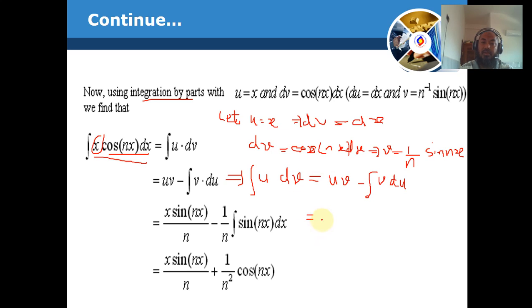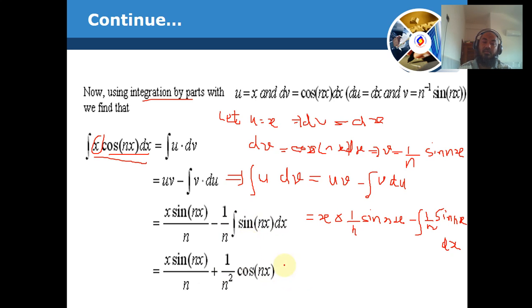So u is equal to x and v is 1 divided by n sin nx, and then minus the integral of v again, 1 over n sin nx, du is dx. That's why we get x sin nx divided by n minus the integral of 1/n sin nx dx.